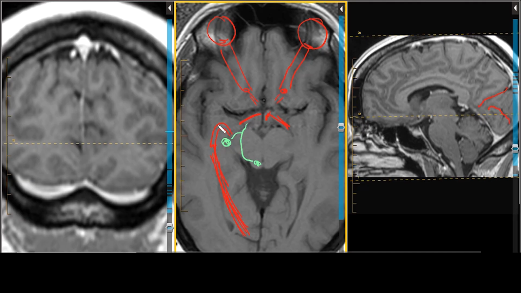It's going to continue on as the optic radiation. There's going to be an upper and a lower portion of the optic radiation. I've drawn in the temporal portion or temporal knee of the optic radiation. This area is called the sagittal stria of the optic radiation, and then it's going to arborize onto the occipital lobe right around the calcarine sulcus on both sides. So that's a quick intro to the visual pathway.